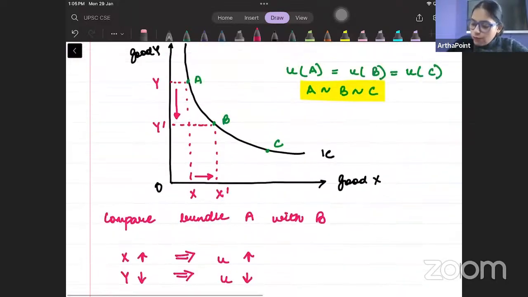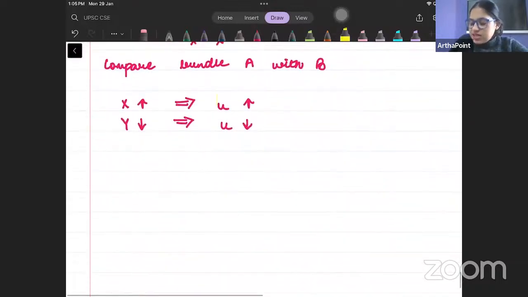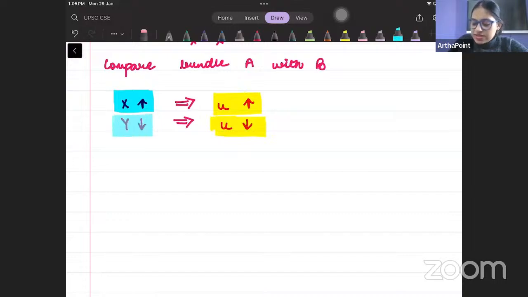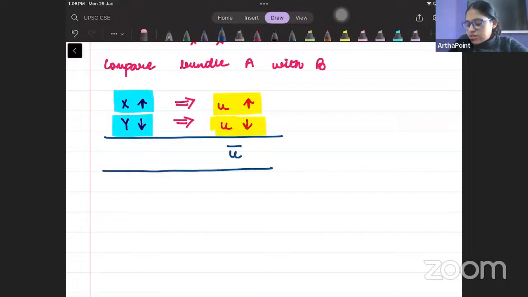So from point A to B, your utility is increasing because consumption of X is increasing, and your utility is decreasing because consumption of good Y is decreasing. Net, your utility is unchanged from point A to B. One is increasing, one is decreasing, it's unchanged.